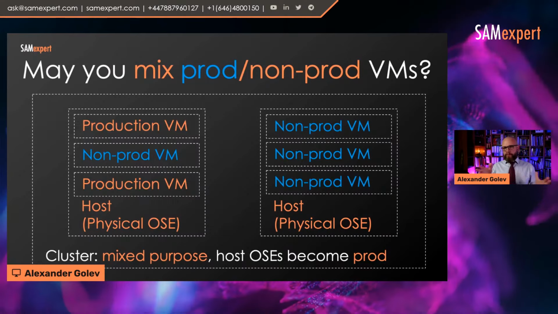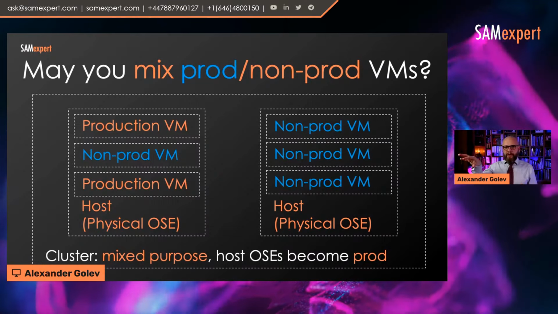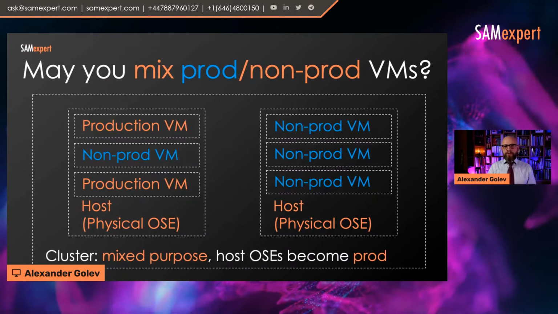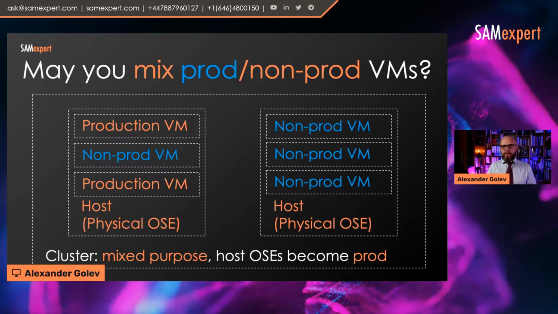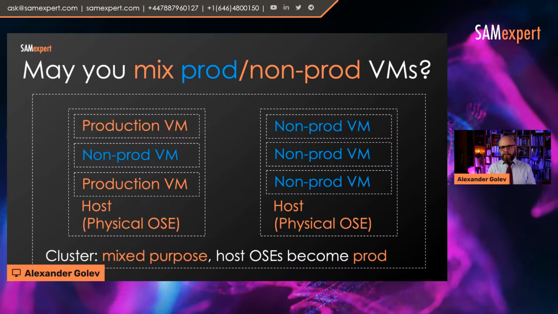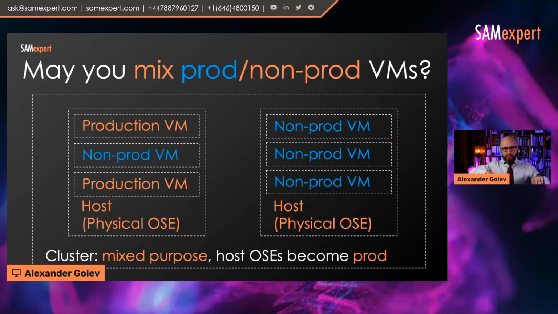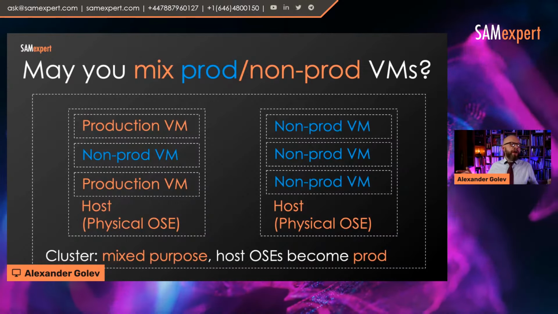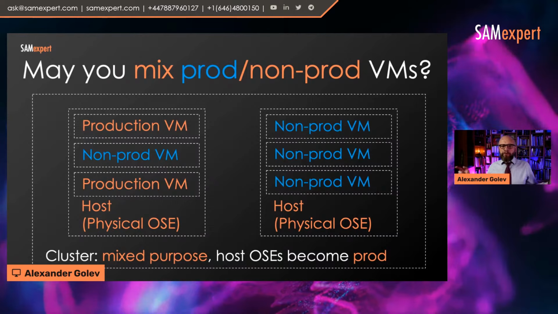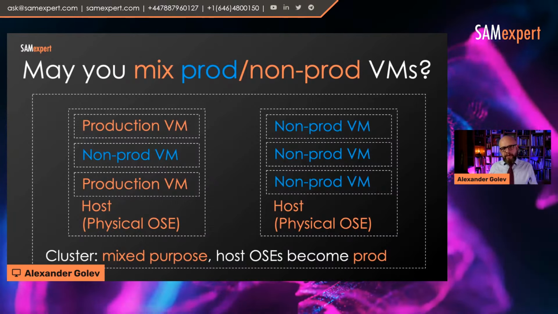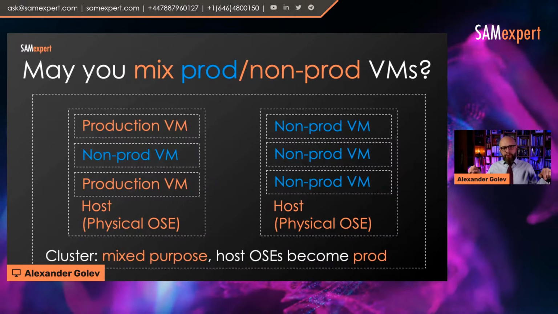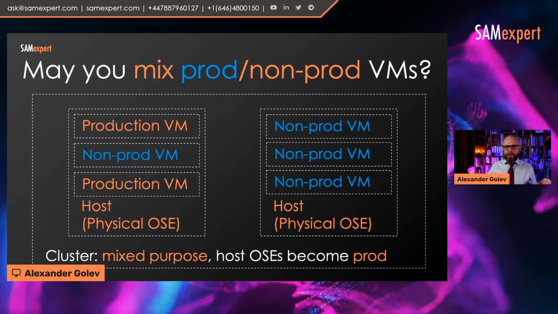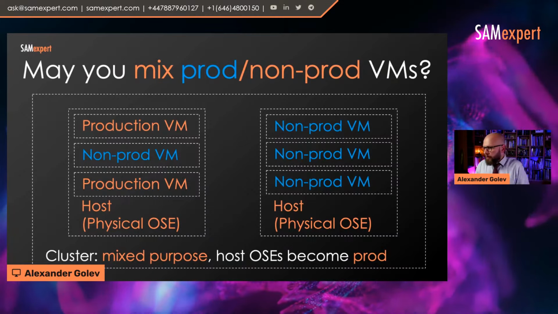You dropped one machine in this cluster, and then what happens is, again, these two orange machines on this slide require production licenses, and then the hosts as well require production licenses. If you run VMware, it really doesn't change anything. If you run the host on Hyper-V, then you need to license the operating systems that run Hyper-V. Unless there are exceptions. There may be exceptions.